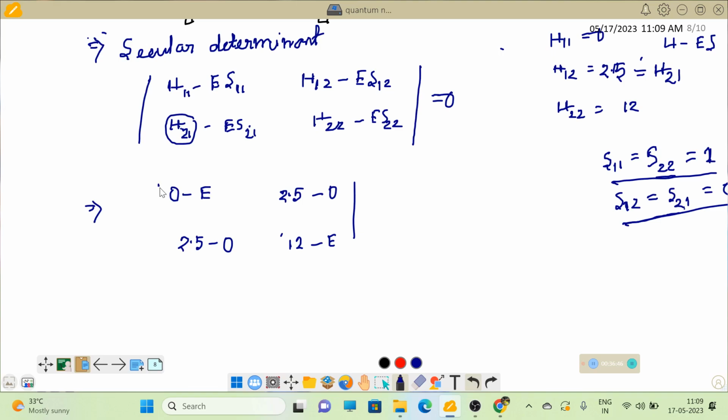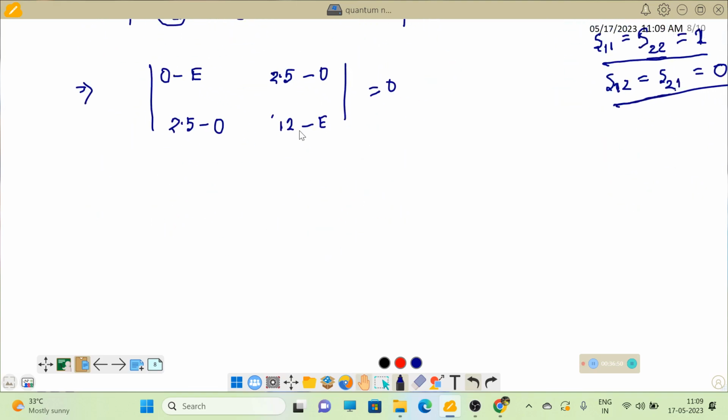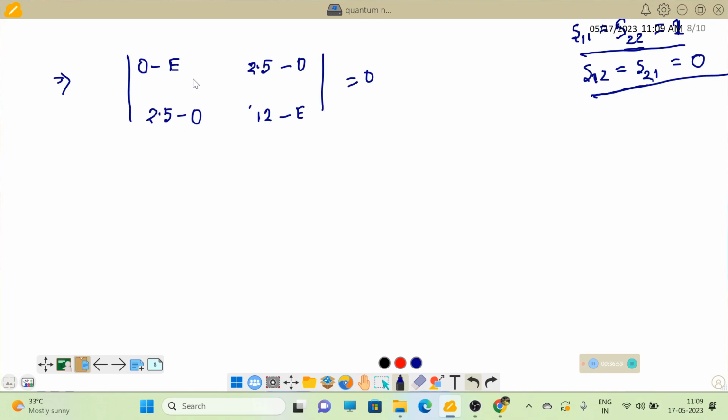So these are the things. Now by the simple determinant rule, the diagonal is multiplied minus the other. So minus E into 12 minus E, minus 2.5 squared equal to 0.